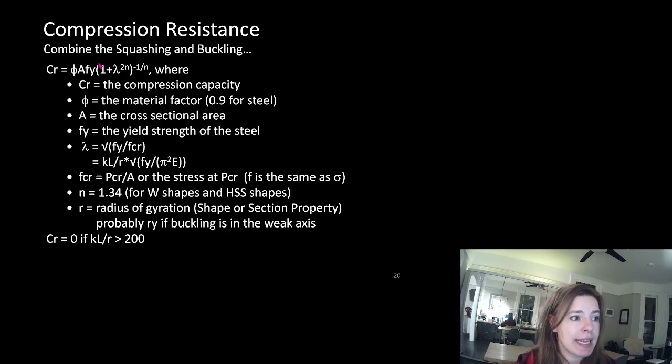What we're saying is essentially, if this is really short, all of this goes away and has nothing to do with what we're calculating. So if it's really short, this is our equation. As it gets really, really tall, this starts to take over and reduces this so much that it's completely governed by buckling.